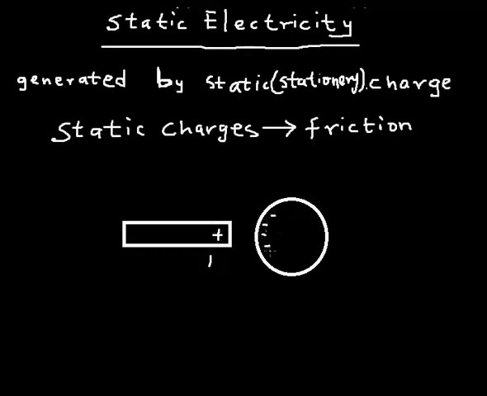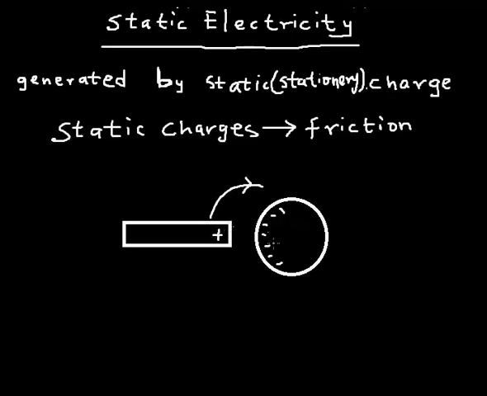Why is that? Please take note. Anytime an atom gains electrons, it becomes negatively charged, while the one that loses electrons becomes positively charged. So if I rub this rod with this probably metallic sphere, and the rod transfers electrons and the metallic sphere gains them, then the rod will become positively charged while this sphere becomes negatively charged.